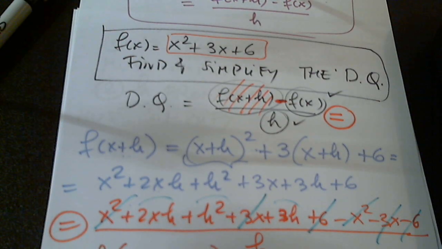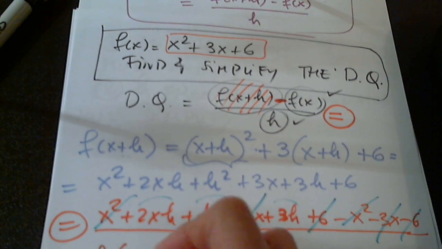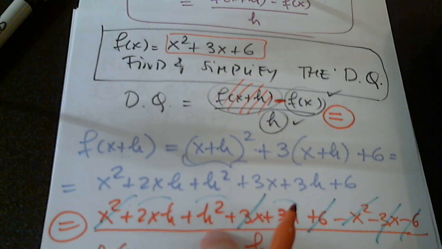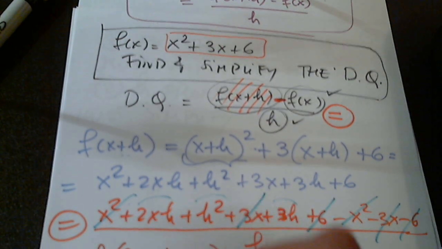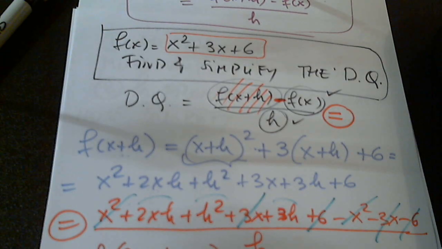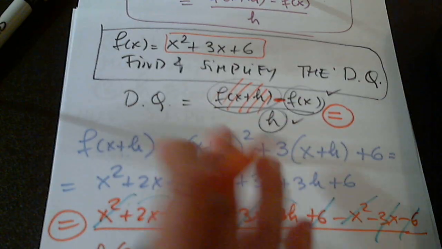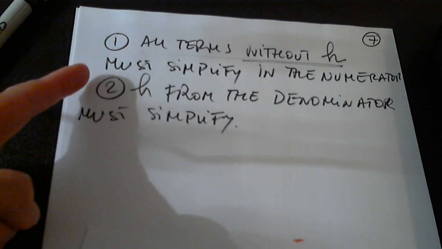There are 3 terms. You have to give me 3 terms. 2x plus h plus 3. So 2x plus h, very good, plus 3, exactly. So all terms without h are gone.